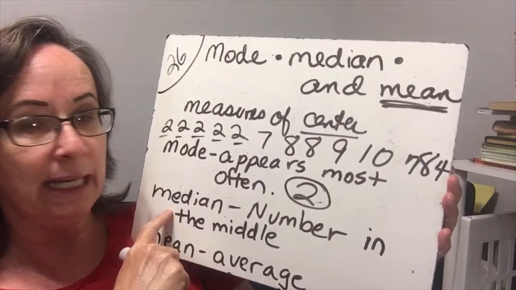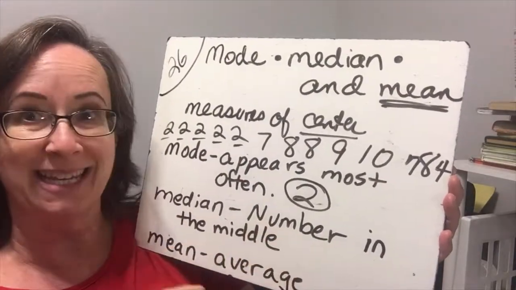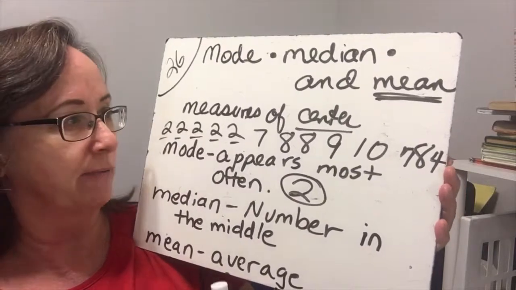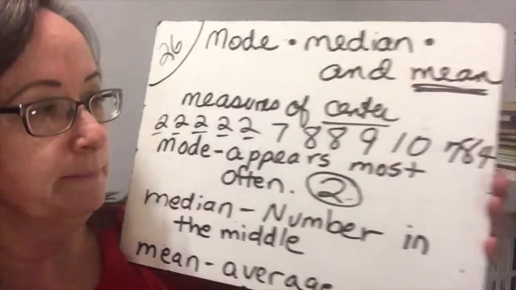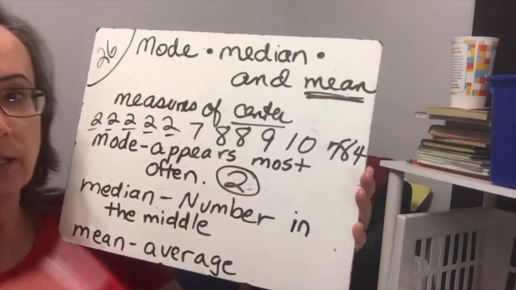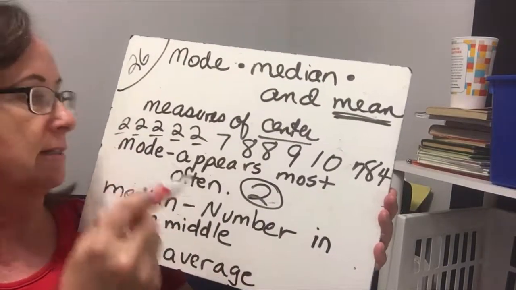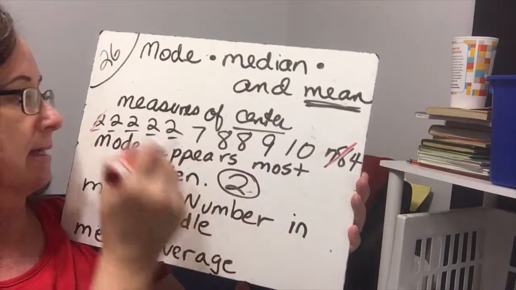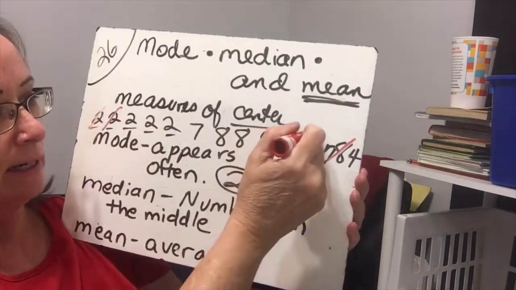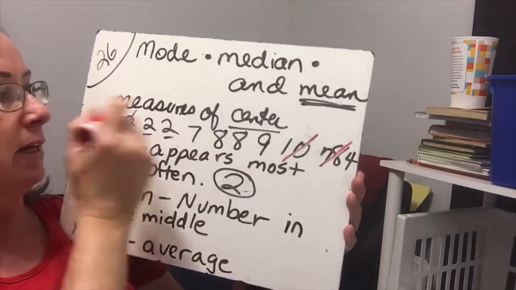And the median is the number that is in the middle of all of the data. So if I took another marker and I just started to mark things off. I'm going to take one off there, take one off on the end. I take this one off here, take one off on the end, take one off here.